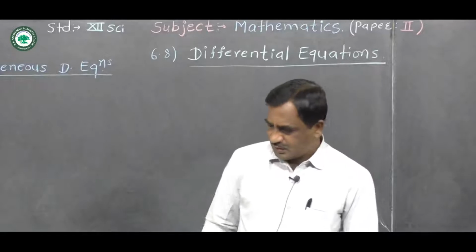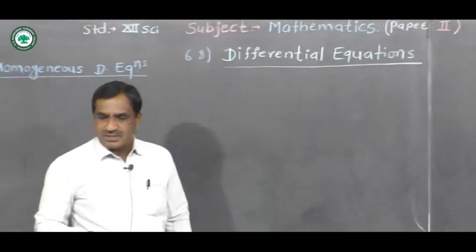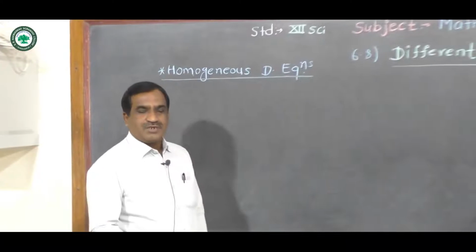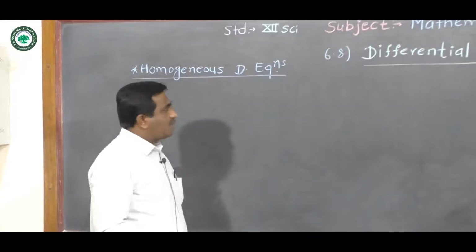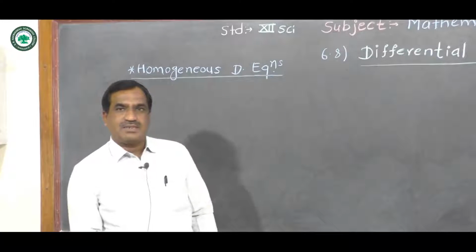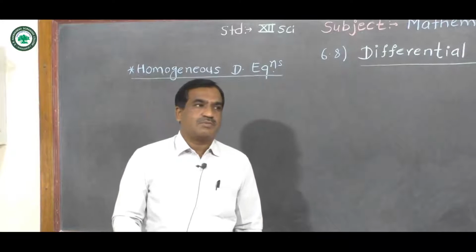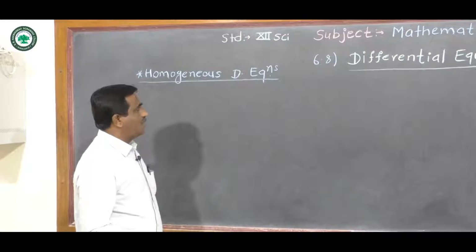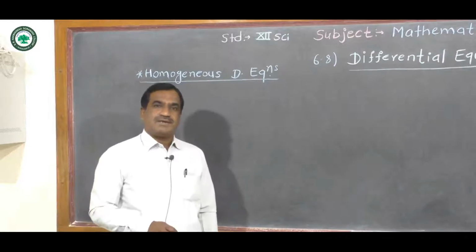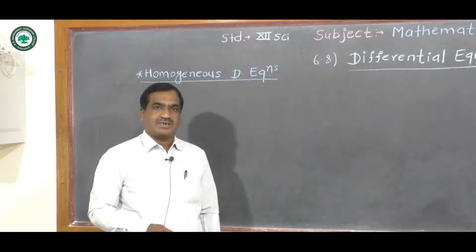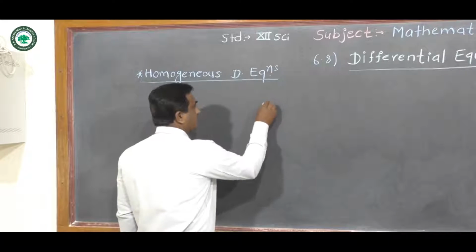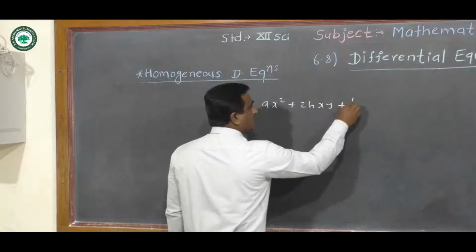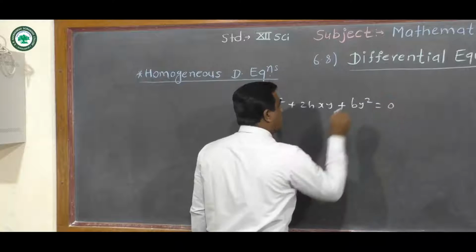Okay, now we first see what is meant by a homogeneous differential equation, and before that, what is meant by a homogeneous equation. If the sum of the indices of variables in each term is equal or the same, then that equation is called a homogeneous equation. For example, ax square plus 2hxy plus by square equal to 0.